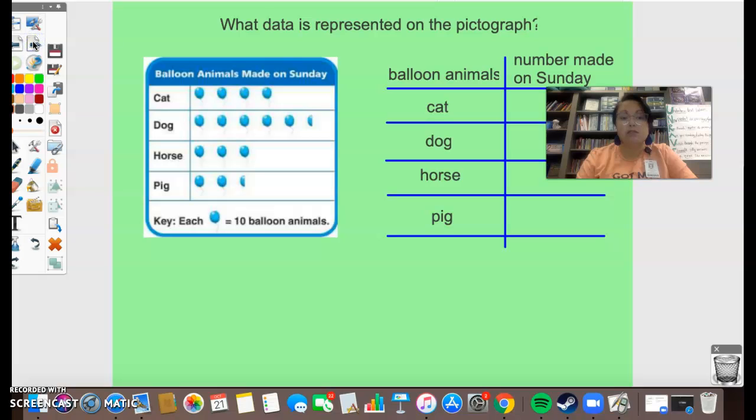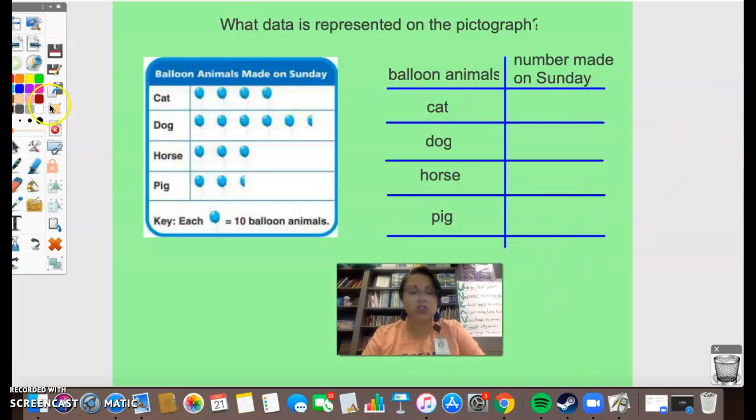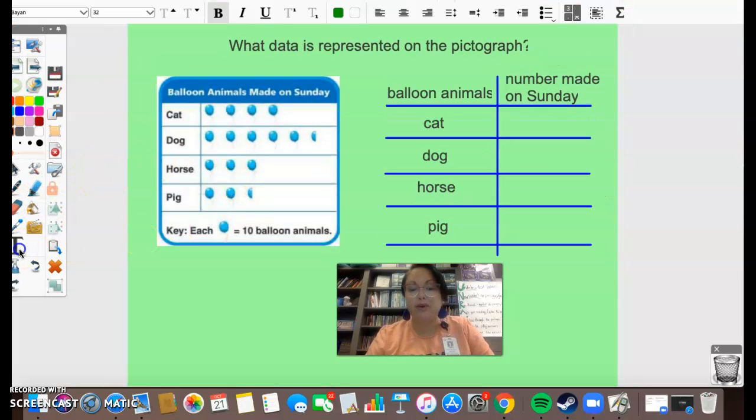Okay, so let's fill out our chart based on what we see on the pictograph. We're going to take information from the pictograph and put it on a frequency table. A lot of what these lessons are is just moving data from one format to another. So how many did we say were made that were cats? 40, because there are 4 balloons and each balloon represents 10.